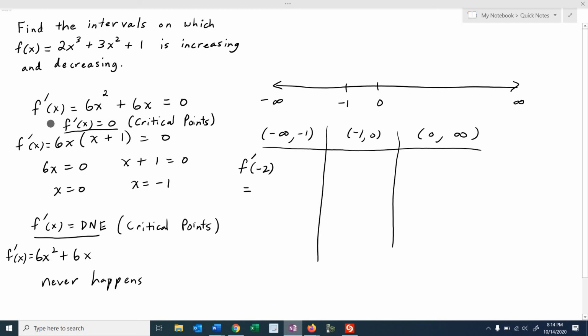You're going to get 6 times negative 2 squared plus 6 times negative 2. That's going to give you 24 minus 12, which is 12. So the derivative is positive at this point, and that means it's positive for every point in this interval. And that means the function's increasing in that interval.